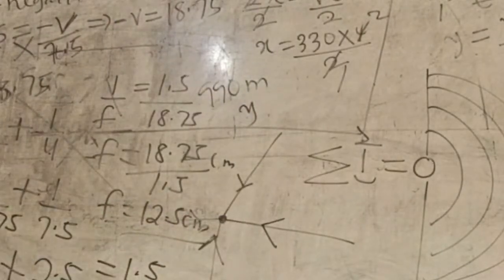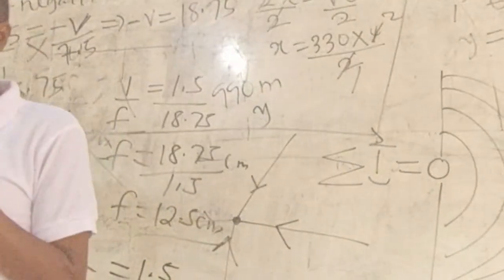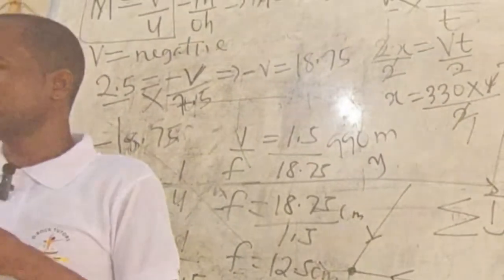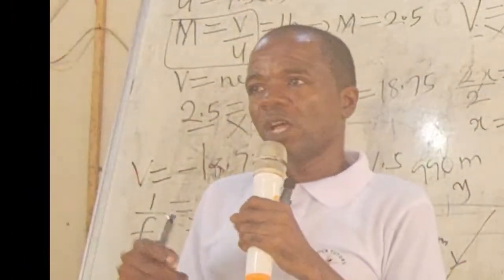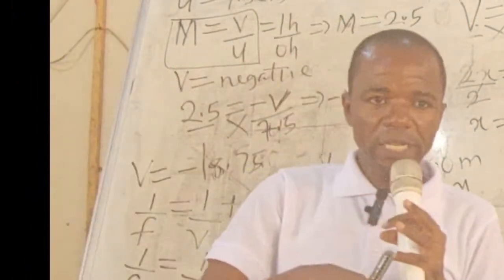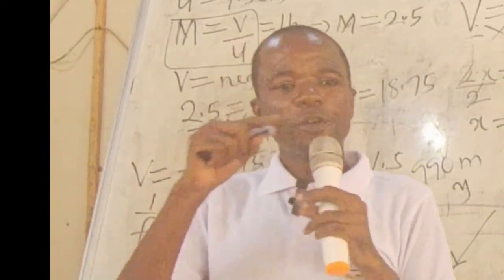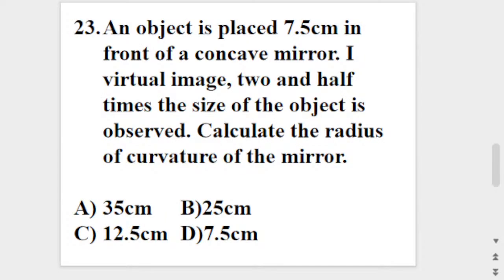But remember, the question is not asking us to calculate the focal length. What are we asked to calculate? The radius of curvature. And what is the relationship between the focal length and radius of curvature? Radius of curvature is 2 times the focal length. So what is 2 times 12.5? That's going to be 25 centimeters.